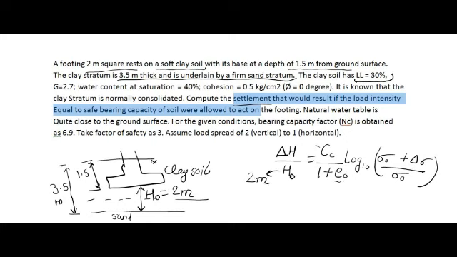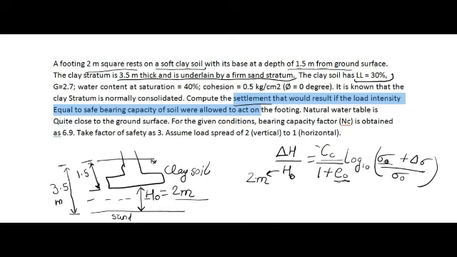Now we have to find the compression index, the initial void ratio, and sigma 0, that is the initial effective overburden pressure.